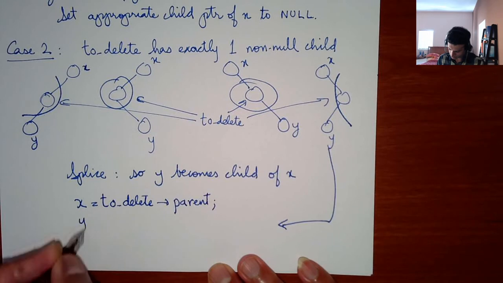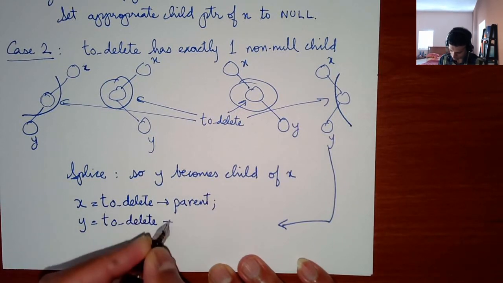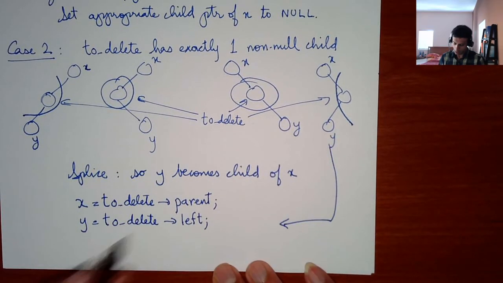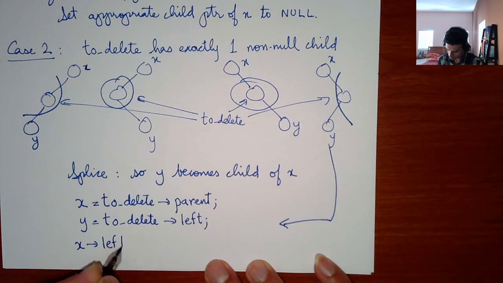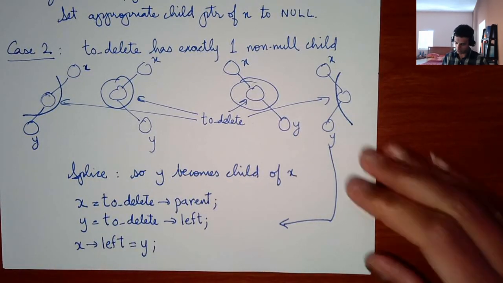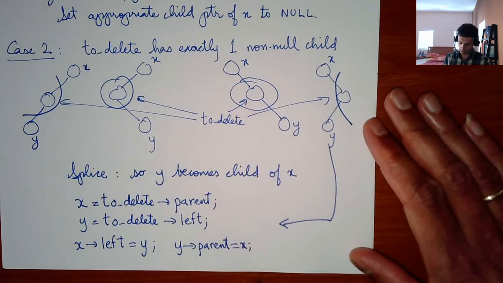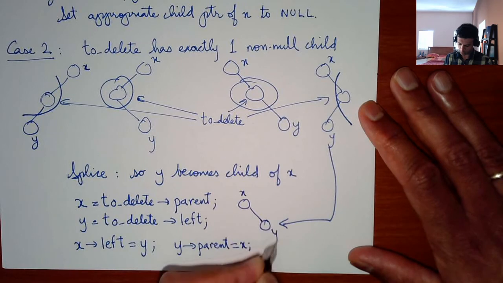And what is Y? That was the left child. So we will set X arrow left to Y, and we will set Y's parent to X. So we're going to start from here and we're going to end up with that.